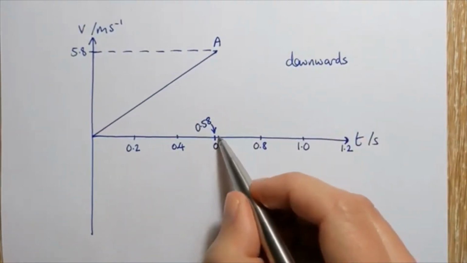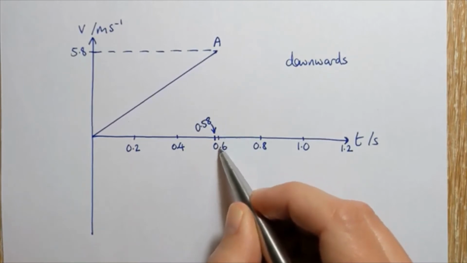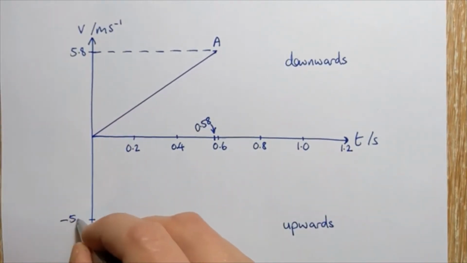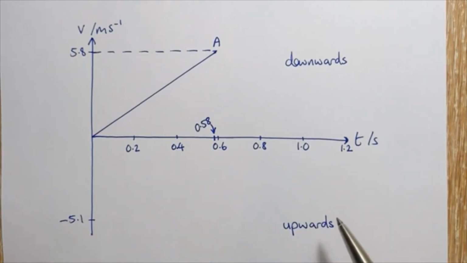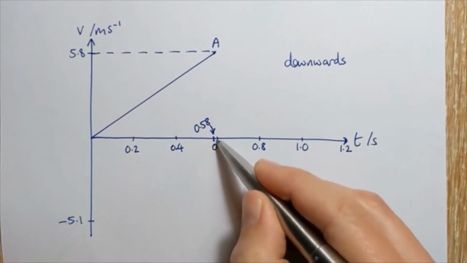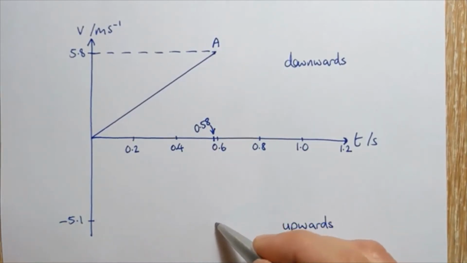And then at 0.6 seconds, it's going to leave the ground, travelling at 5.1 meters per second, but that's 5.1 meters per second in the other direction. So that's minus 5.1. 5.1 upwards, minus 5.1, and that's at 0.6 seconds. So try and get this reasonably accurately. It's about there, say. That's when it leaves the ground.